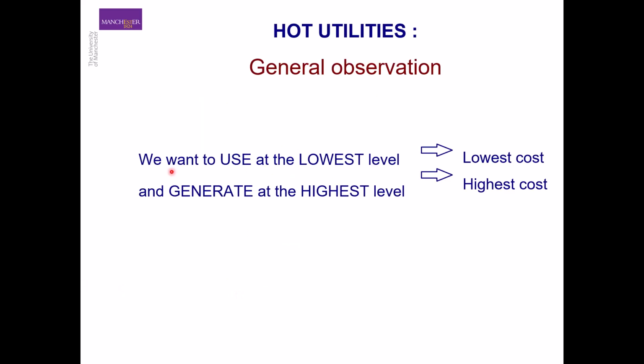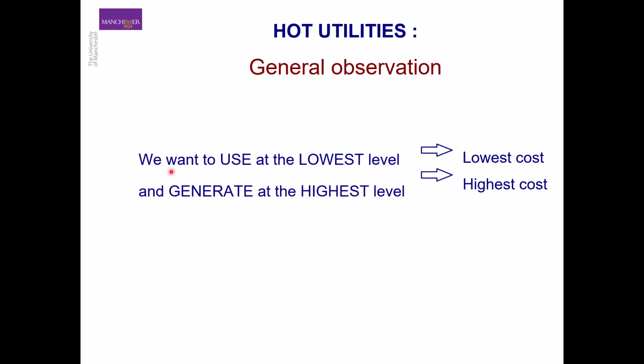So how do we decide which of those multiple hot utilities and cold utilities available we should use? Generally speaking, the hot utilities should be used at the lowest level or at the lowest temperature. Generally, the higher the temperature of the hot utility, the higher the cost.